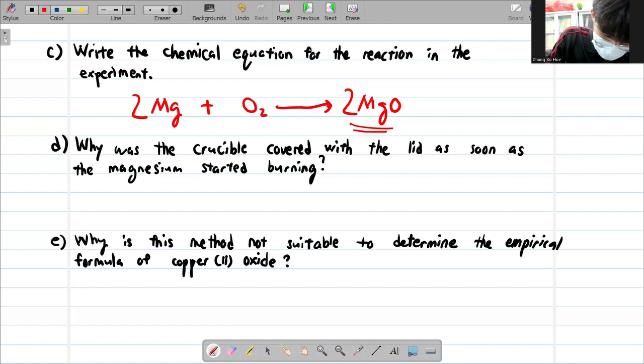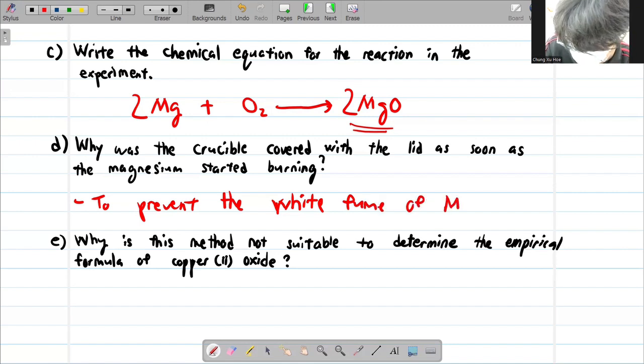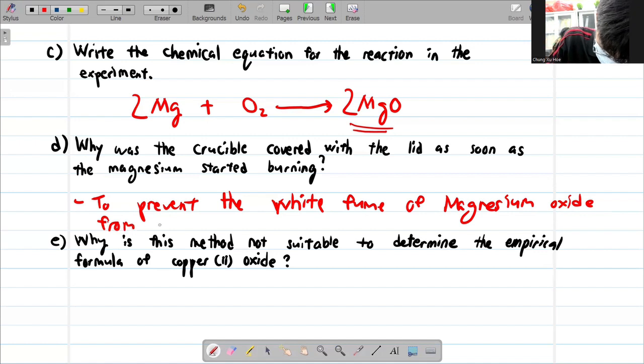So we're going to write down: to prevent the white film of magnesium oxide from escaping to the surrounding.